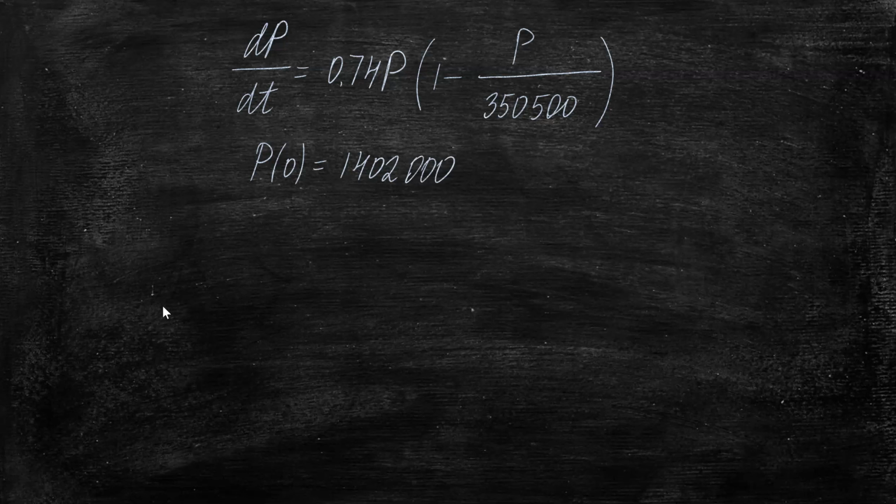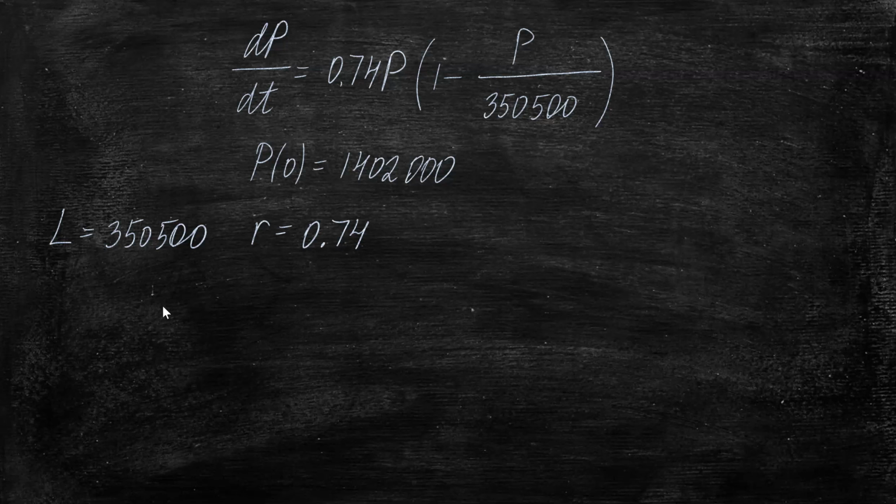Based on the way the equation is written, the limiting capacity will be 350,500, and the rate of growth will be 0.74.